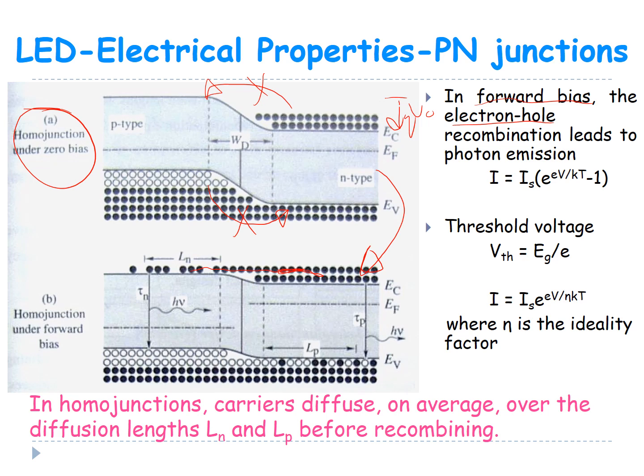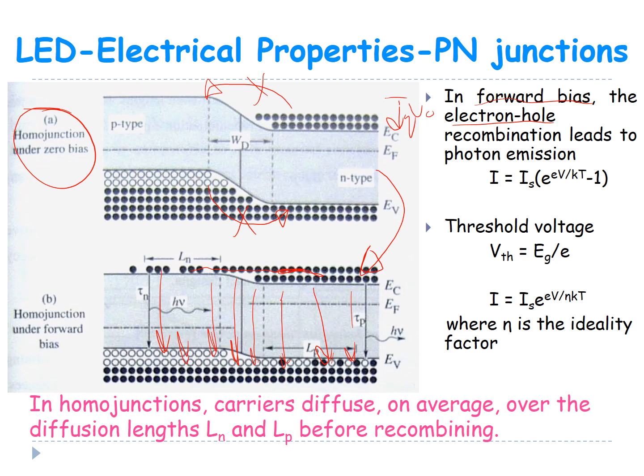And when they do so, they can recombine within W here, or within Ln on the P side, or within Lp on the N side. So recombination occurs in these three regions.